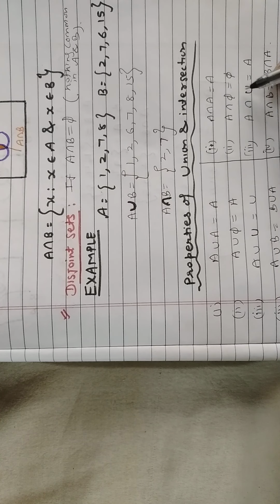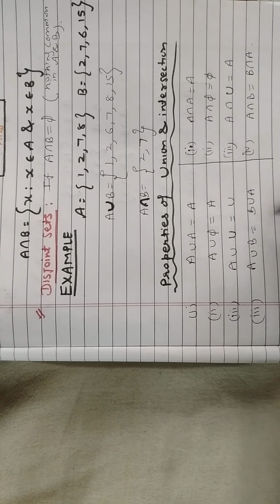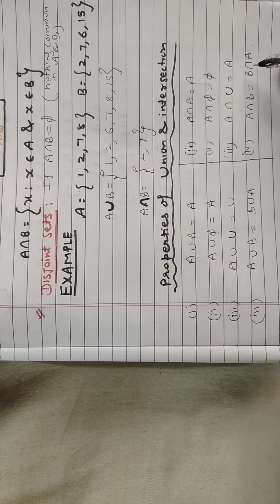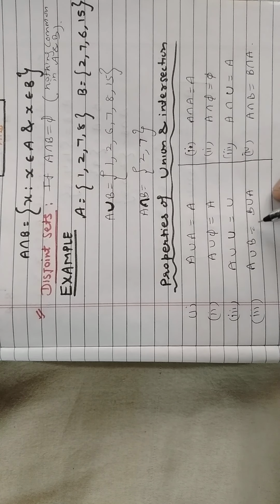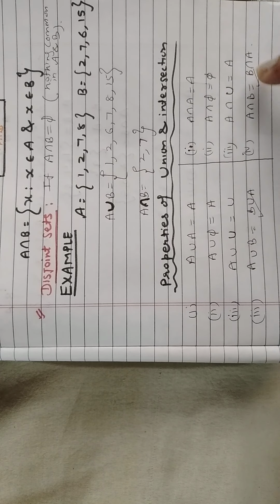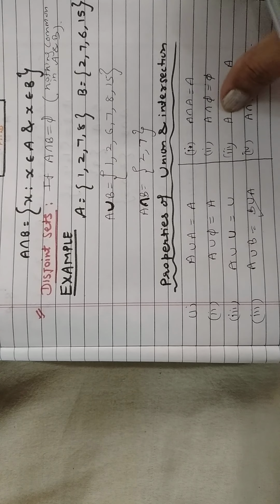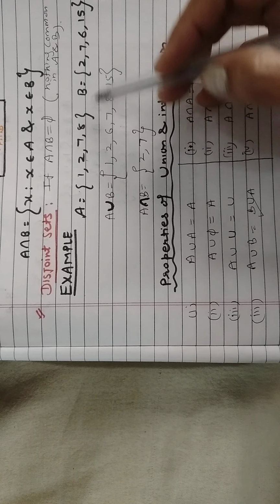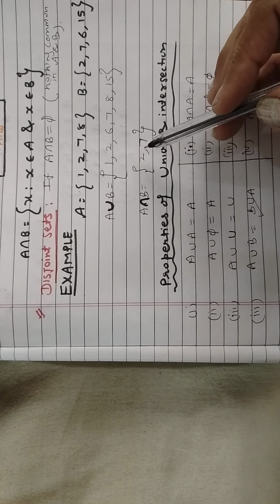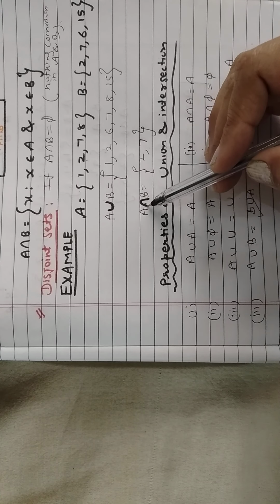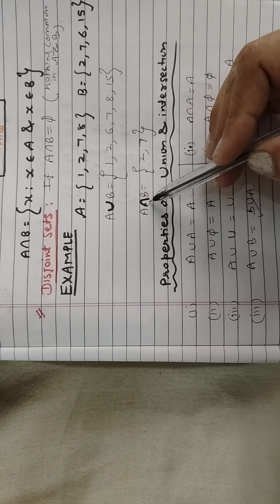But A intersection universal set is again A. Fourth, A union B is equal to B union A, and A intersection B is equal to B intersection A. It means whether it is union or intersection, they obey the commutative property. In union you combine the elements, and in intersection you take the common elements. Union means this U and intersection means this reverse U.